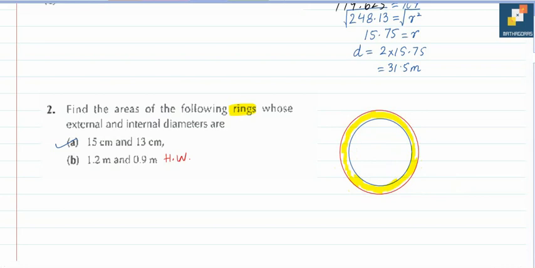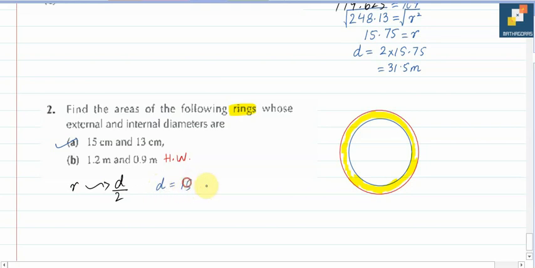So it gives the outer diameter, and we know how to find the radius from the diameter. Just simply divide your diameter by 2. So if the diameter is 15 centimeter, that means the radius is 15 divided by 2, that is 7.5, right?